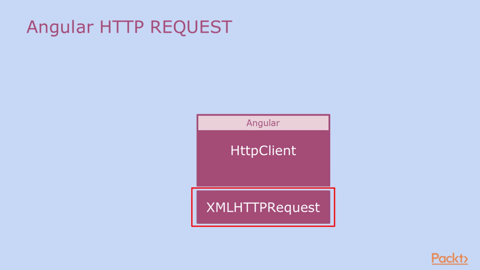HTTP client uses the XML HTTP request browser API to execute HTTP request. It also includes testability support, strong typing of request and response object, request and response interceptor support, and better error handling via APIs based on observables.